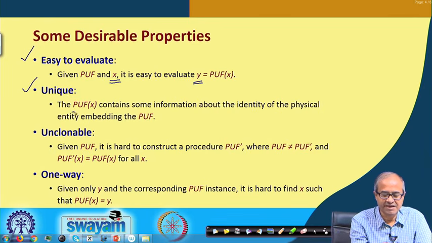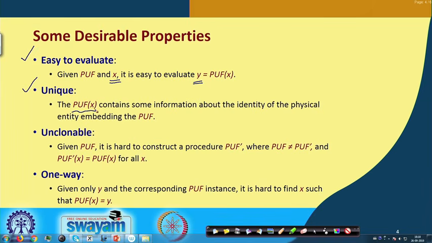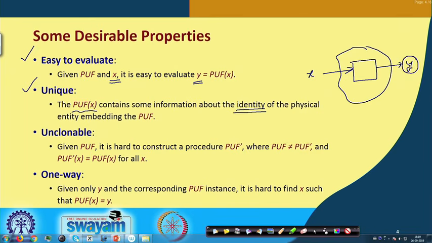The value of PUF of X for a particular X will contain some information about the identity of the physical entity. That means, if I talk about a particular chip, there is a PUF here, whatever X I feed, the PUF of X, if I call it Y, whatever value I get for Y should uniquely identify this IC chip. This should provide the identity.